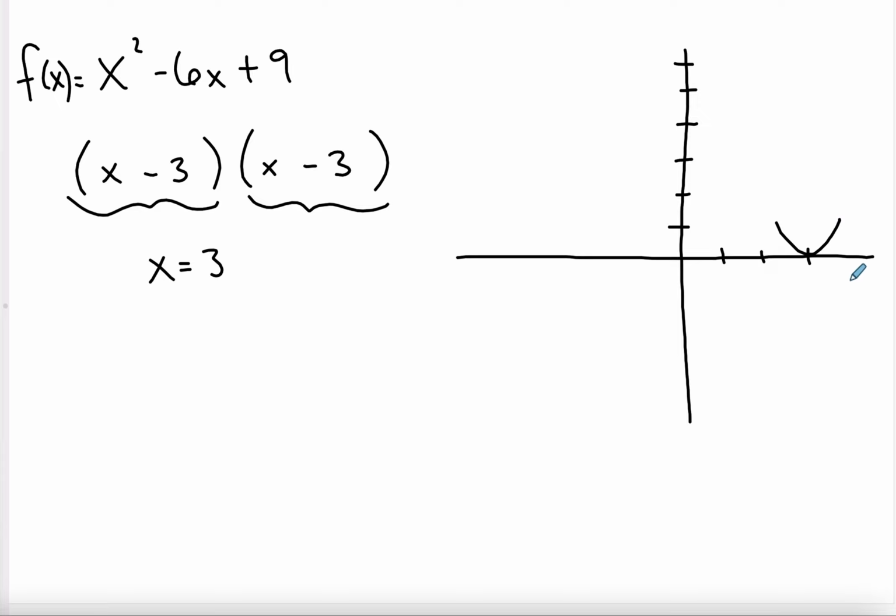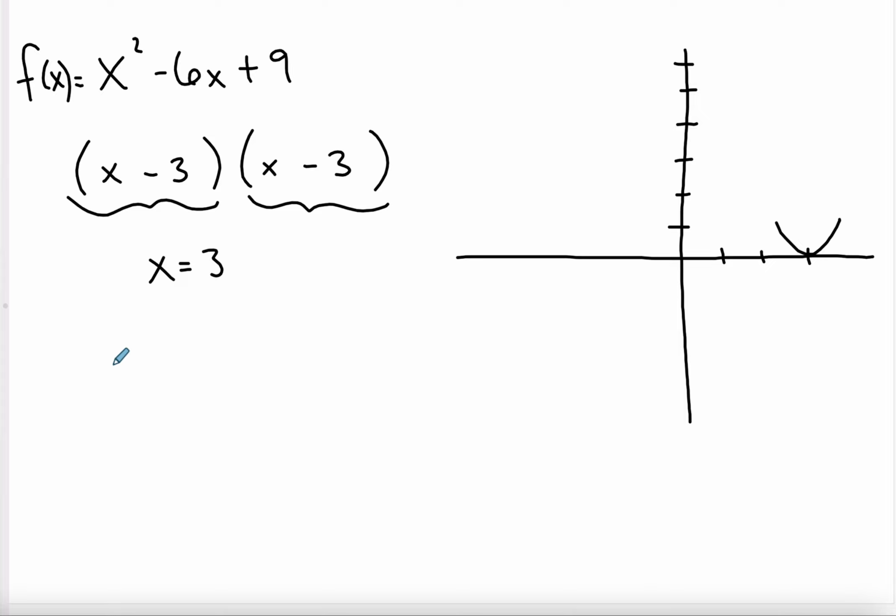If it did cross, it would have to come back up at some other point, and we don't have another point for that to occur at. We just have one single solution. So this is what we call a double root, and it just bounces, okay?